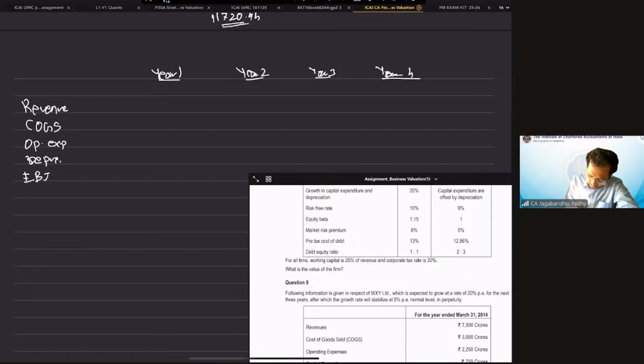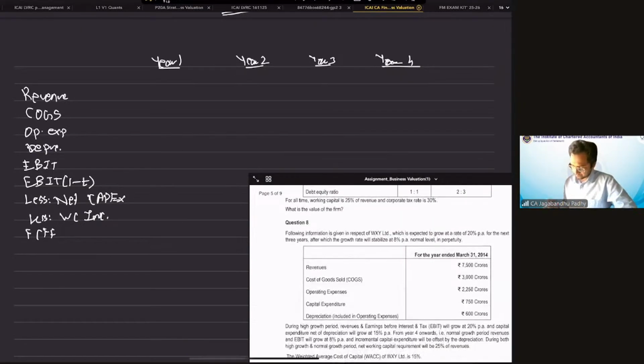We get the value of EBIT. Then we take EBIT into 1 minus tax. And then after that, we have less net capex. Now, when I say net capex, it is capital expenditure minus depreciation. Less working capital increase. That will give us FCFF.